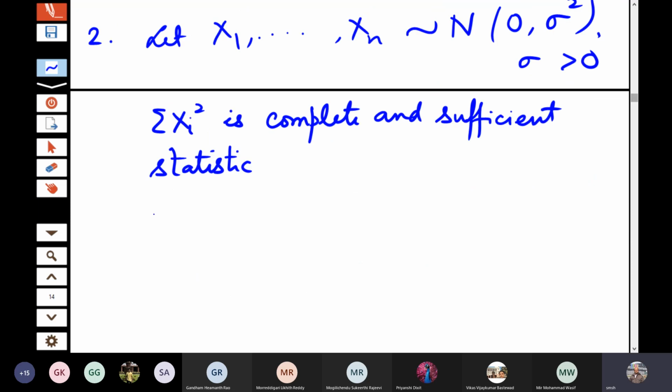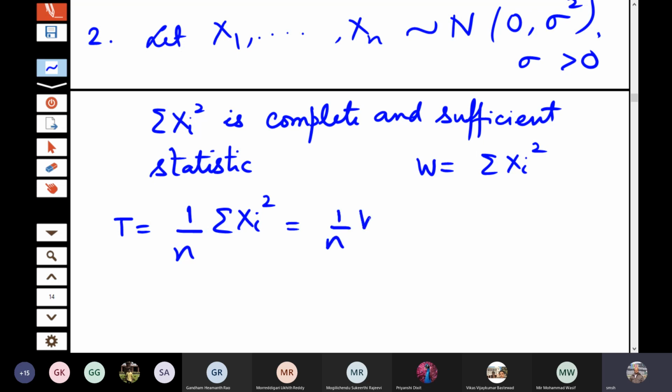And if we consider T equal to 1 by n sigma Xi square, using the notation W equal to sigma Xi square, then this is 1 by n W. This is the MLE and it is also the UMVUE.